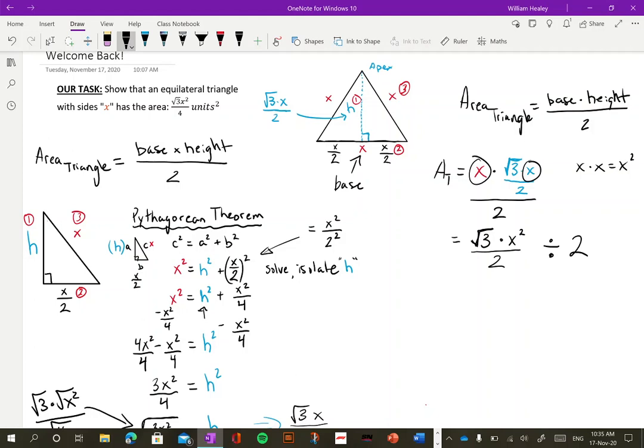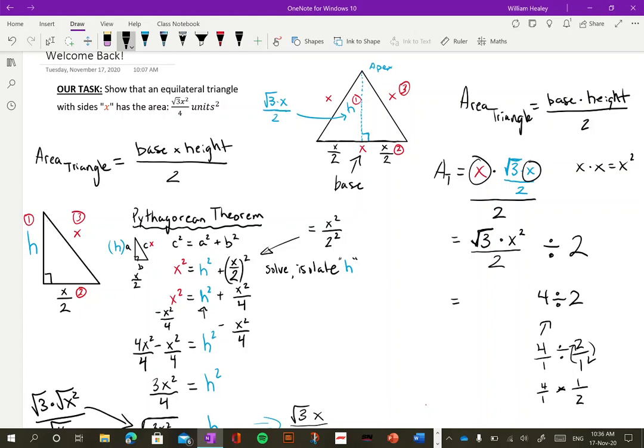Remember, when we divide fractions, for example, when we say 4 divided by 2, this can also be rewritten as 4 over 1 divided by 2 over 1. When we divide fractions, a quick trick we can use is keep the first fraction the same, change this to multiply, and flip the second fraction.